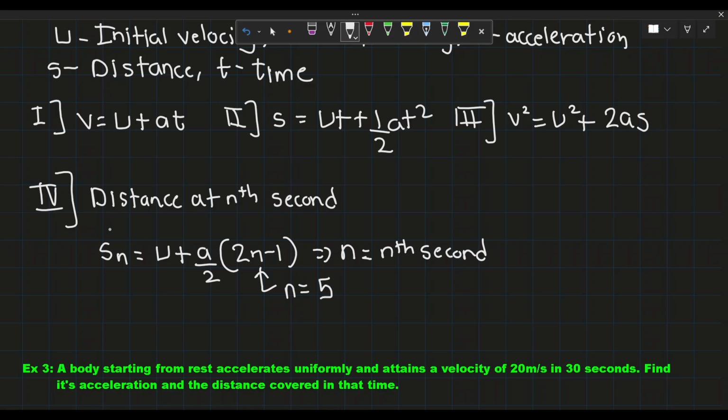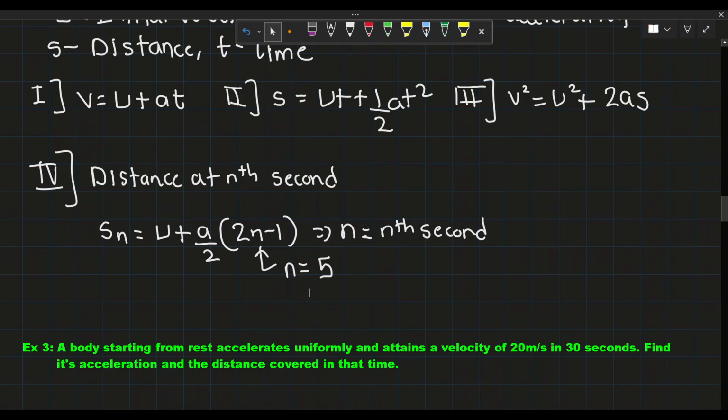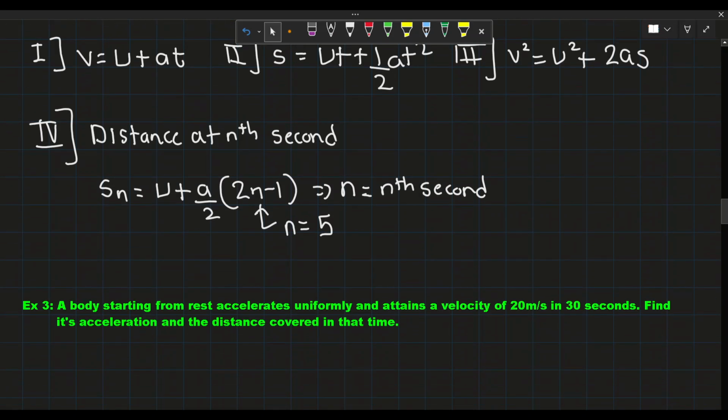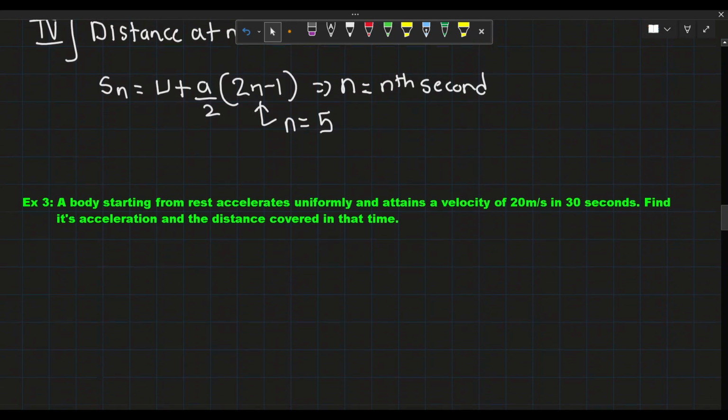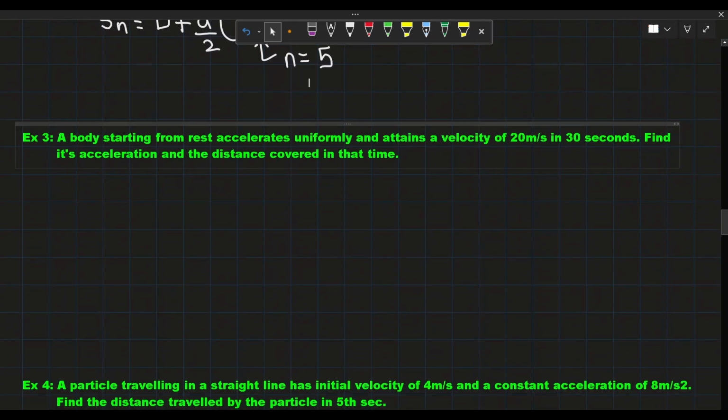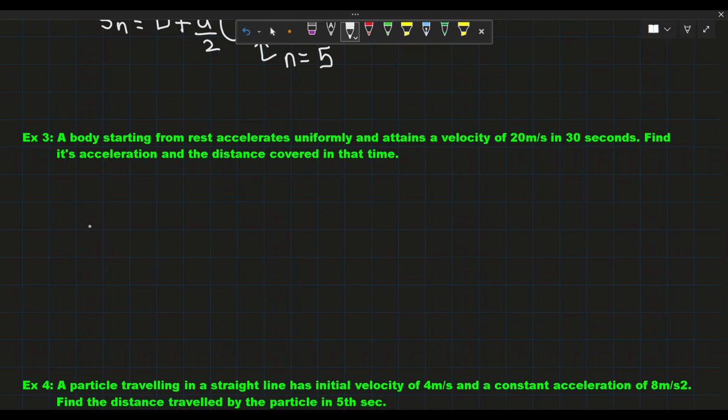Okay, let's solve some questions so we'll understand how you have to use the formula. Let's take this question. A body starting from rest. So as you can see, the question says starting from rest, which means your initial velocity, that is u, would be equals to 0 and attains a velocity of 20 meter per second.